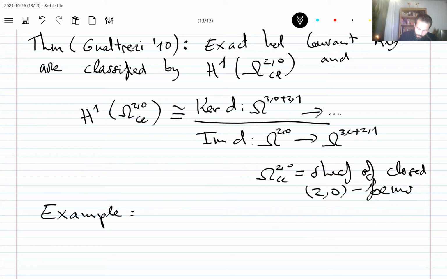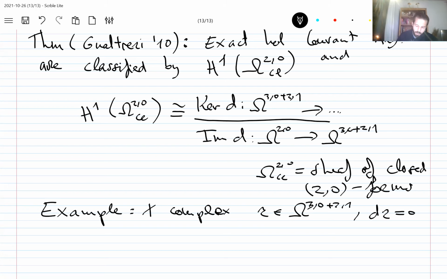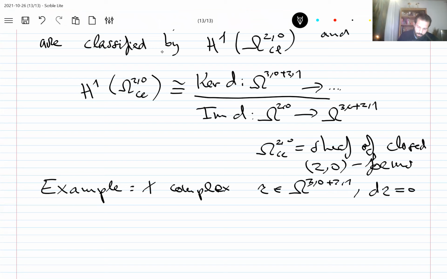So by the theorem by Marco, if I give you X a complex manifold and I give you tau to be a 3-0 plus 2-1 form which is d-closed, I should be able to construct one of these Qs. And the way you do it is the following.